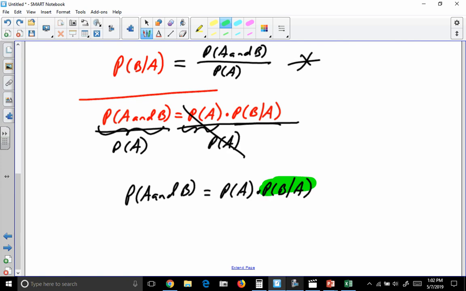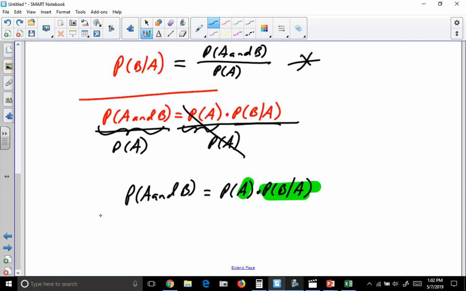If I know a conditional probability and the combined probability, then I'll solve for this quantity. If I know this one and this one, then I'll solve for that one. Or in most examples we've known one event and the conditional probability of the other event, and we can use that to find this one.